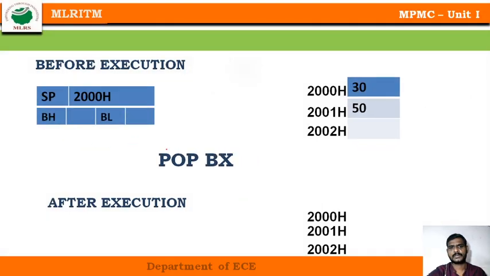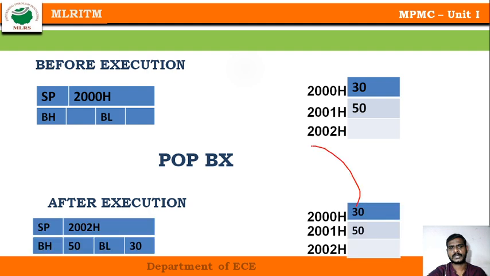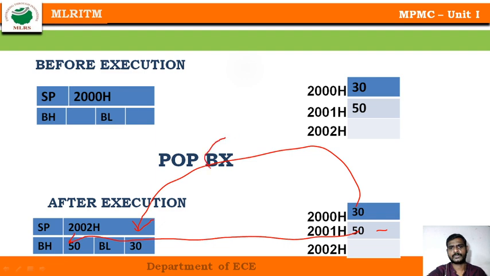For example, POP: the content of the stack at 2000 and 2001 is moved. After the push instructions, this content is moved into BL, and 50 is moved into BH, because I'm using POP BX, which is the higher byte and lower byte. This is the way the POP instruction functions.